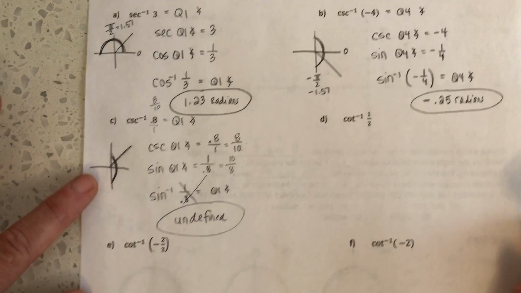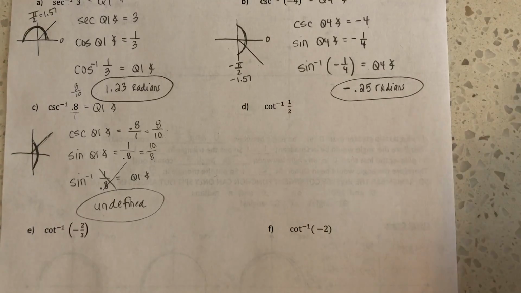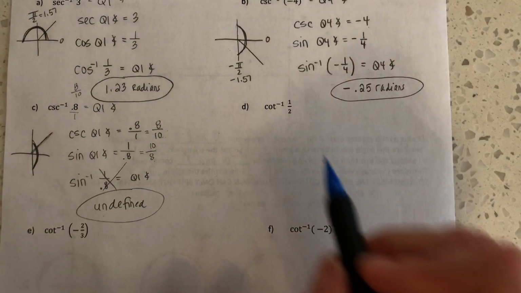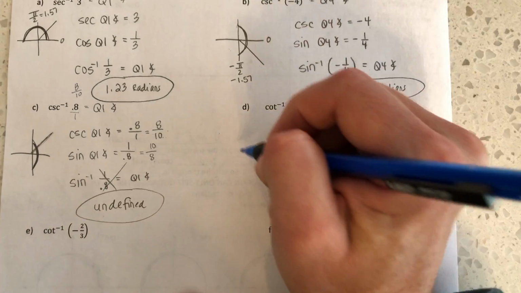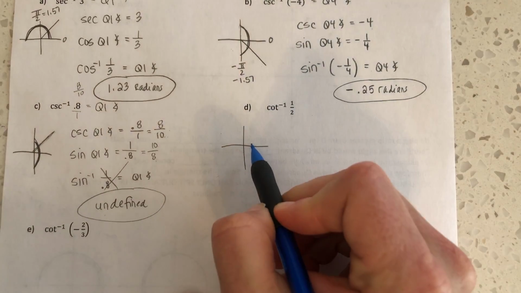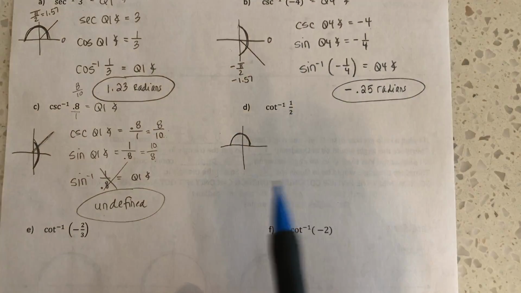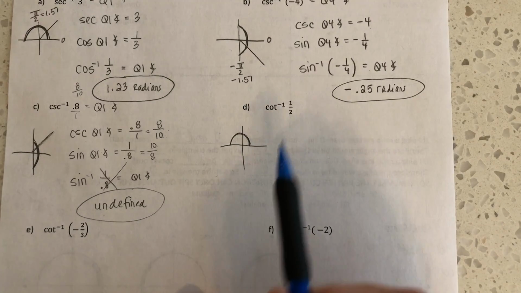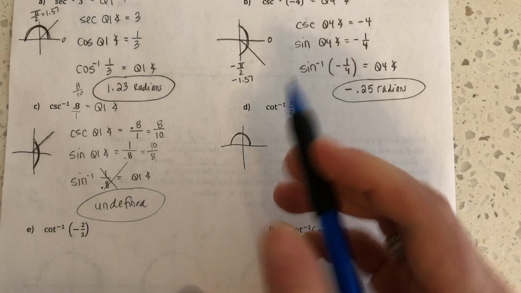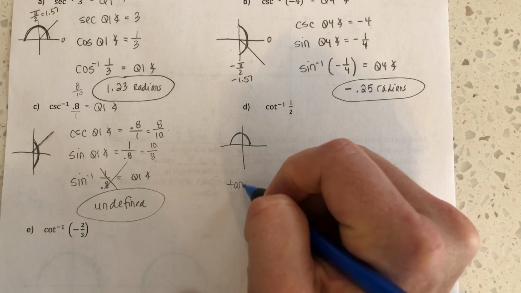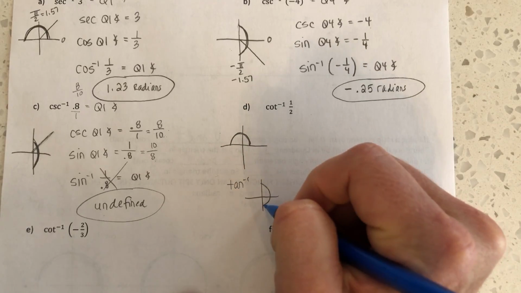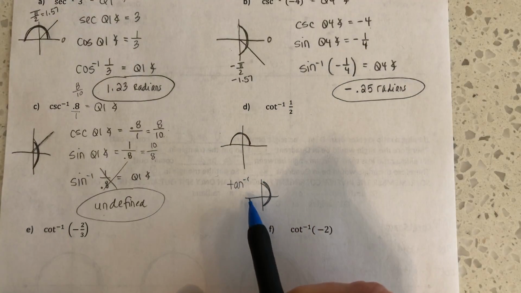All right, here we go. These are the more difficult ones, the inverse cotangent, right? We know the inverse cotangent only spits out angles between quadrant 1 and quadrant 2, just like the inverse cosine. It does not behave like the inverse tangent. The inverse tangent would spit out angles between quadrants 1 and 4. So they don't act the same.